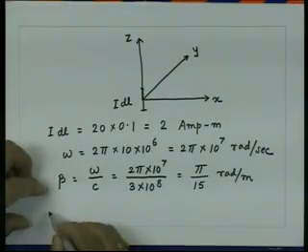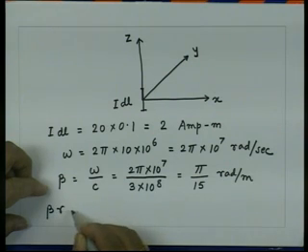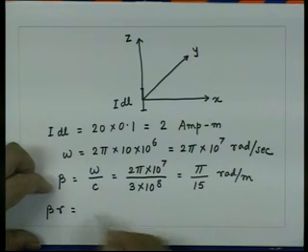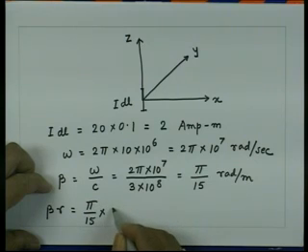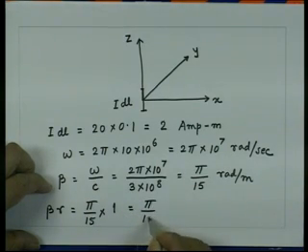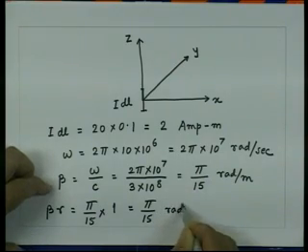So once you get beta, then we can get beta r, that is equal to pi upon 15 into r, which is 1 meter. So that will be equal to pi upon 15 radians.